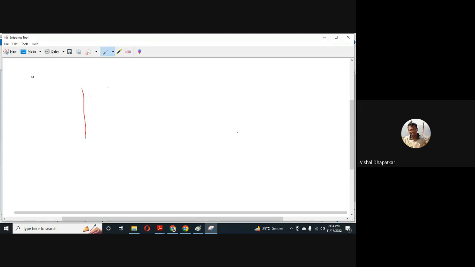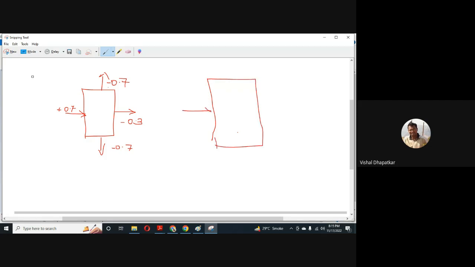This is the building. These are the loads on the side faces. Here we have 0.7, here minus 0.3, here minus 0.7, and here also minus 0.7. Okay, one is this one. Another will be: this is the wind direction, and this is plus 0.7.